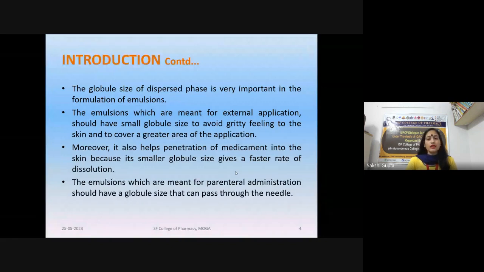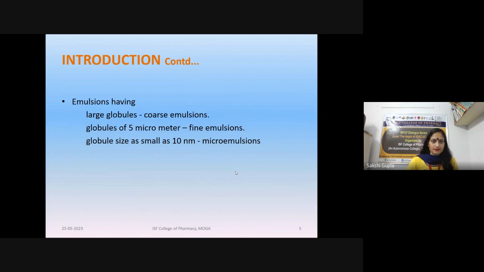Moreover, it will also help the penetration of the medicament into the skin because smaller globule size gives a faster rate of dissolution. The emulsions which are meant for parenteral administration should have a globule size that can pass through the needle easily.